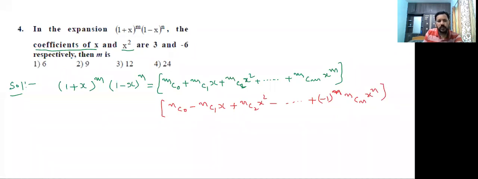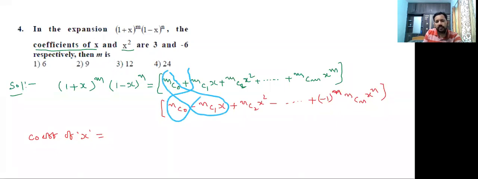Multiply these two, then identify the coefficient of x. If you multiply these two, then you will get the coefficient of x. Yes or no? So I am writing those terms.